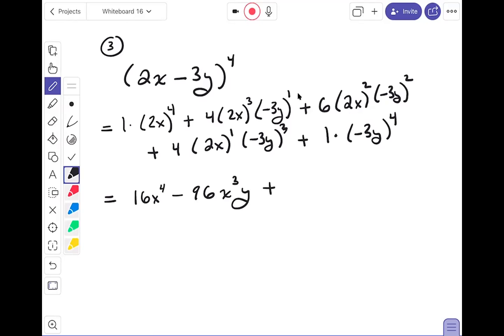Plus, that's going to be a tough one, isn't it? That's going to be, 2 squared is 4. And, minus 3 squared is 9, 36. Let's see, 6 times 36 is 180 and 36, 216. X squared, y squared.